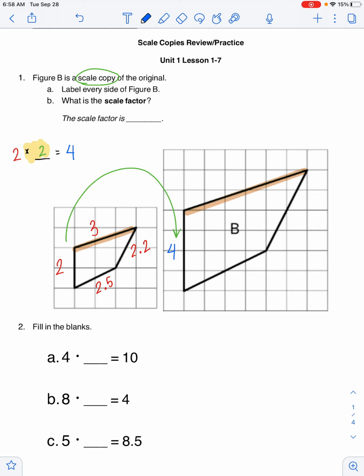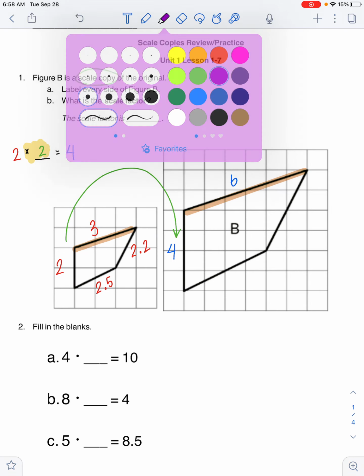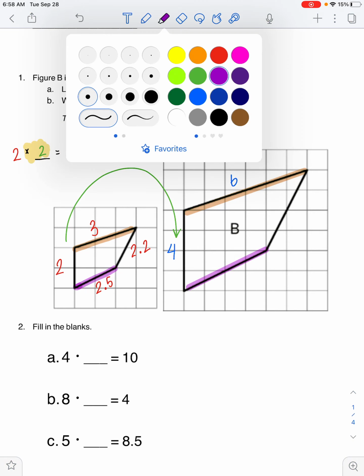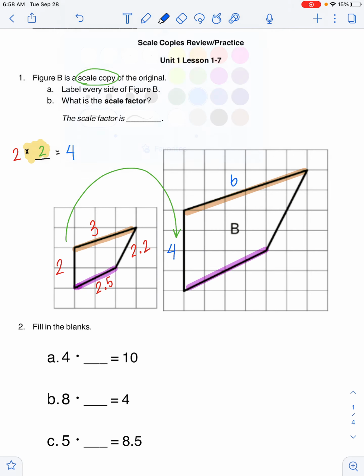We know that the side that corresponds with 2.5 will be double 2.5. So this side here and this side here, we're doubling 2.5. And our side that corresponds with 2.2 will be double 2.2. Now remember, when I say doubling, all I mean is multiply by 2.